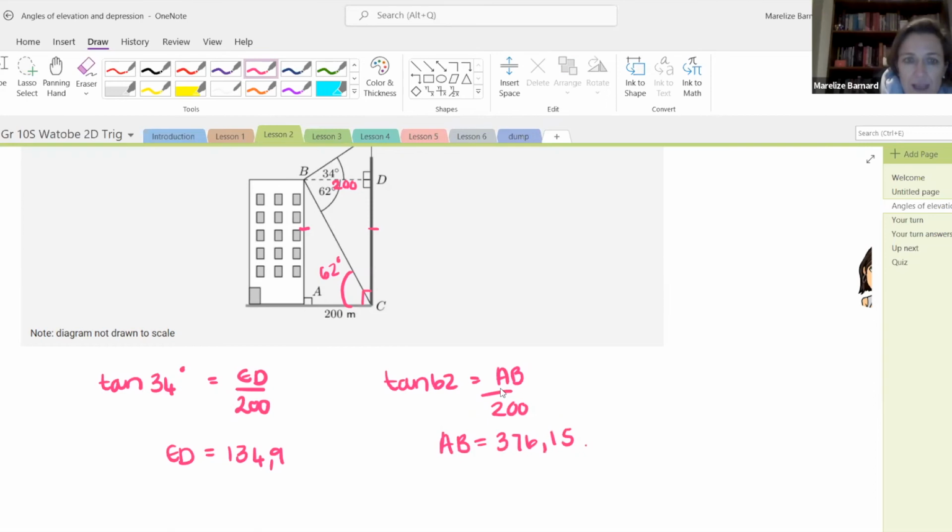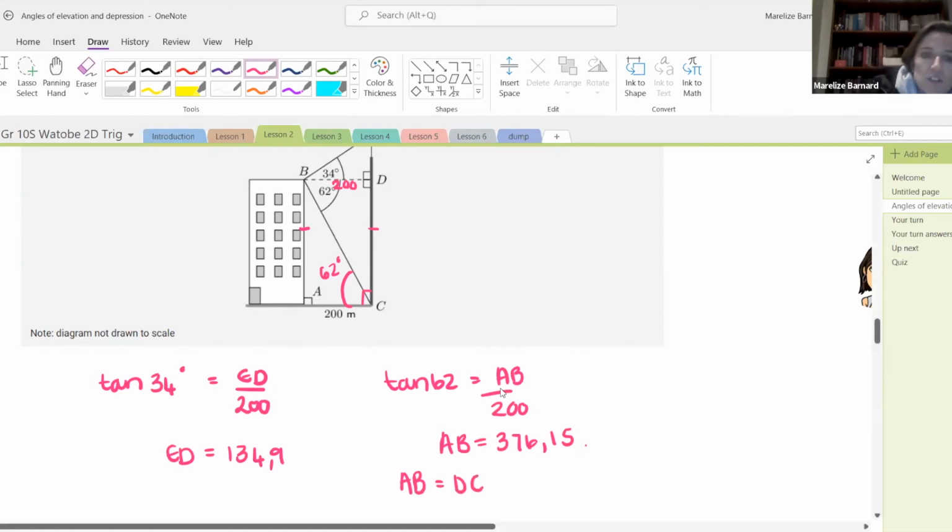376,15. Add the two together, because AB is equal to DC. And also remember now, this 90-degree angle is there because the tower is vertical.